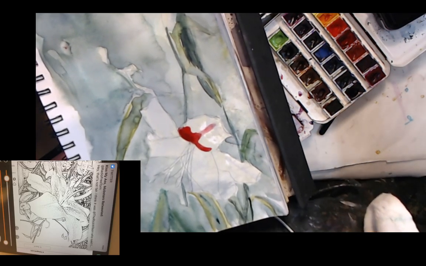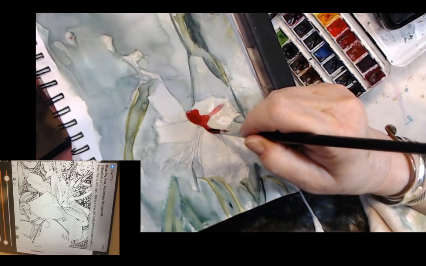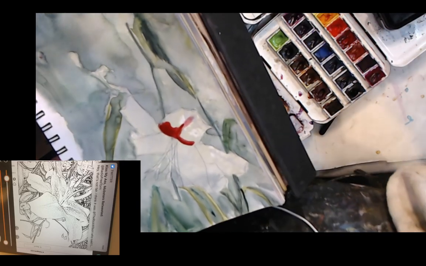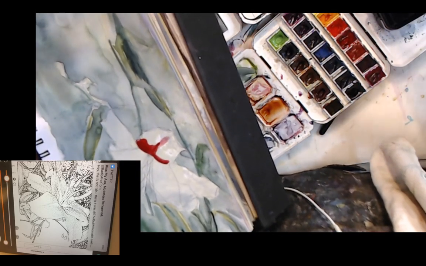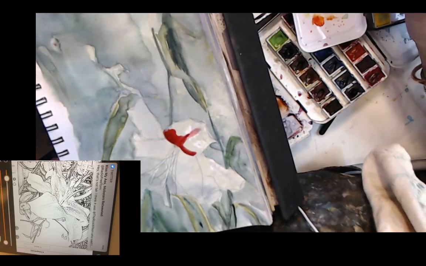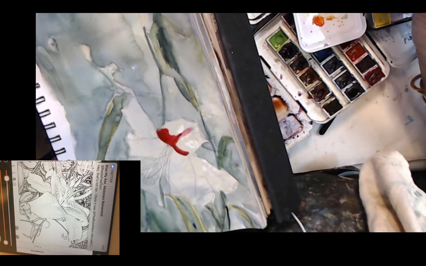Put some of this right there. Now I need some of that real thin. Add some water, make it pink, pink.